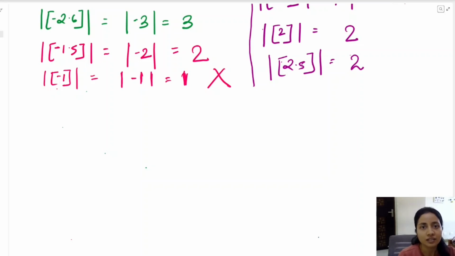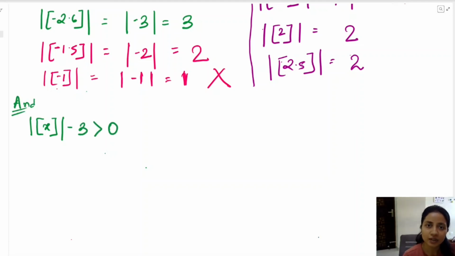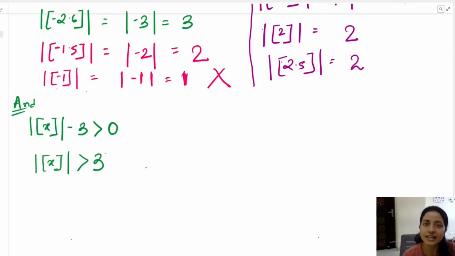Now let's take the other inequality, that is mod of greatest integer function of x minus 3 greater than 0. Let's solve this inequality as well. Here also, just like the previous case, for now let's focus on the modulus function.